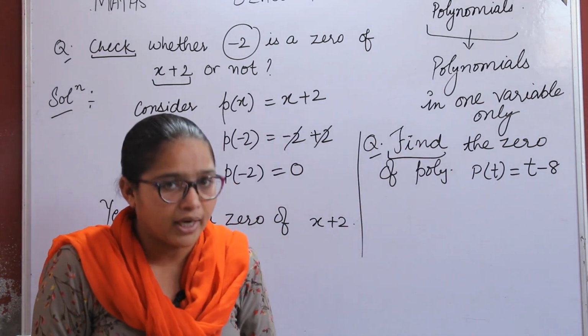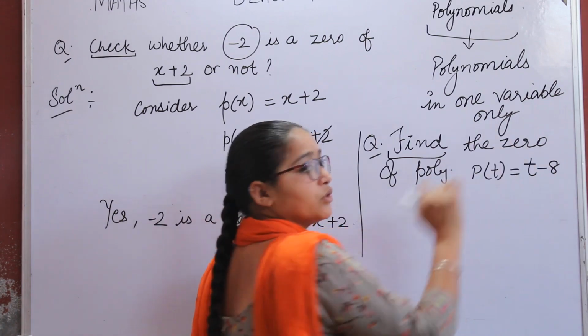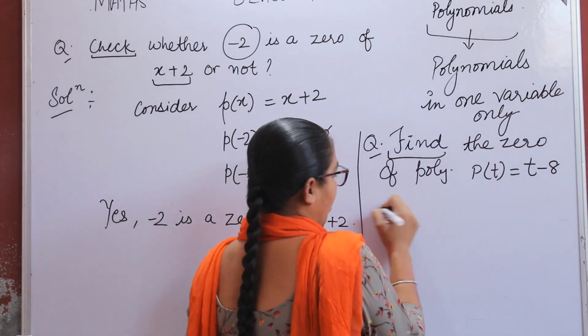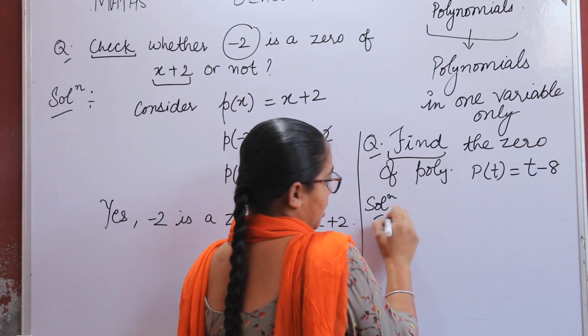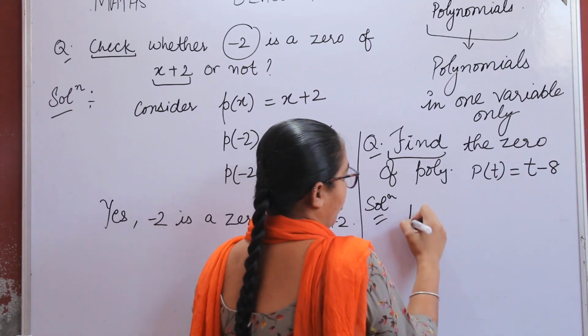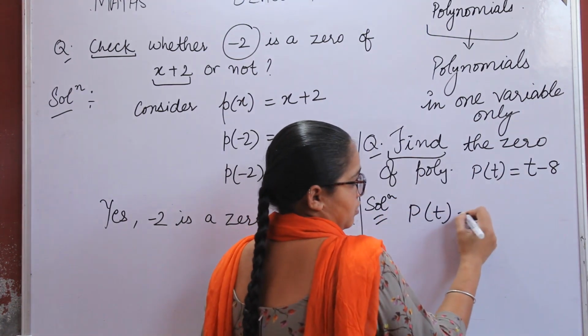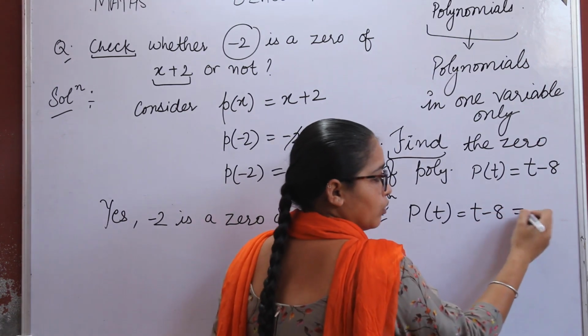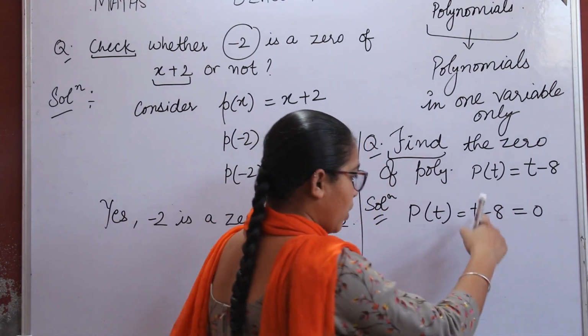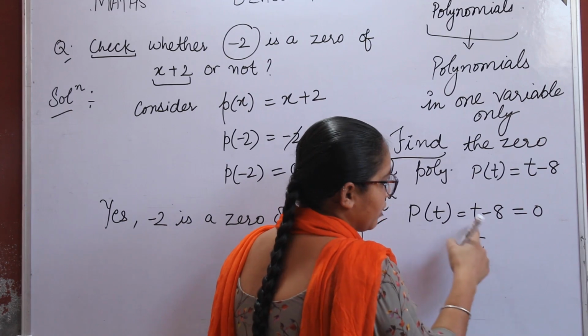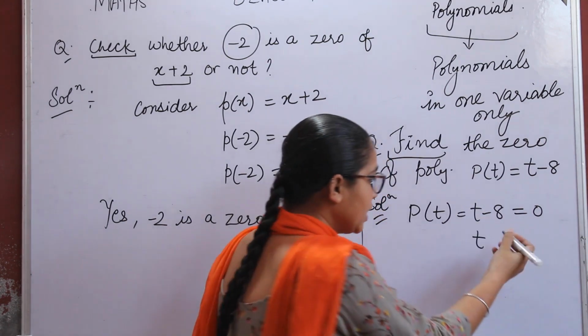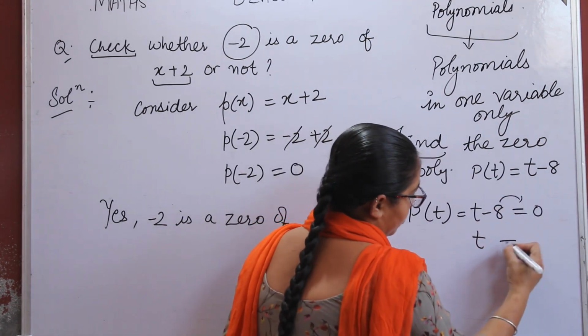When they told you find the 0, you have to equate it to 0. Okay, so equate your polynomial. Solution is, equate your polynomial p of t to 0. Okay, so now what we get? t. We want to find out the value of t. So take your 8 to the 0 side.